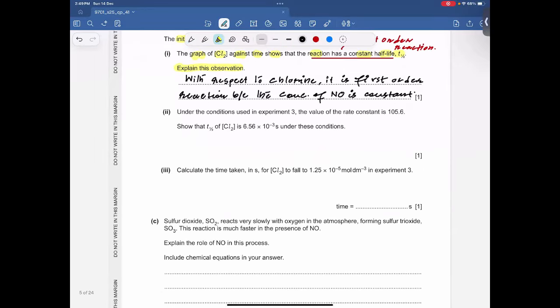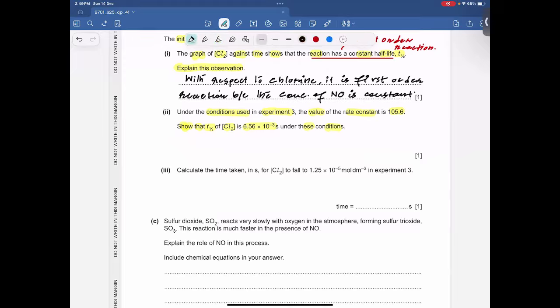Under the condition used in experiment 3, the value of the rate constant is 105.6. Show that half-life of chlorine is 6.56 into 10 to the power minus 3 second under these conditions.